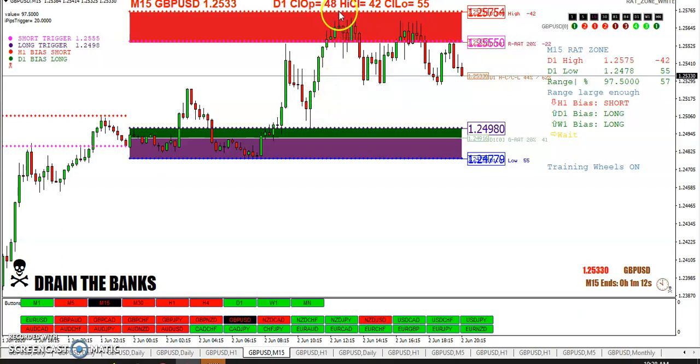Now, there's something you have to know. The Rat zone is dynamic. Right here when we first start out the day, there's not enough room because the range isn't large enough. But you see here, we put in a low, and then we put in a high, and then we put in another high. Some people would say this repaints, but what it does is it's dynamic, because if you leave this up there, these dots will start pushing.